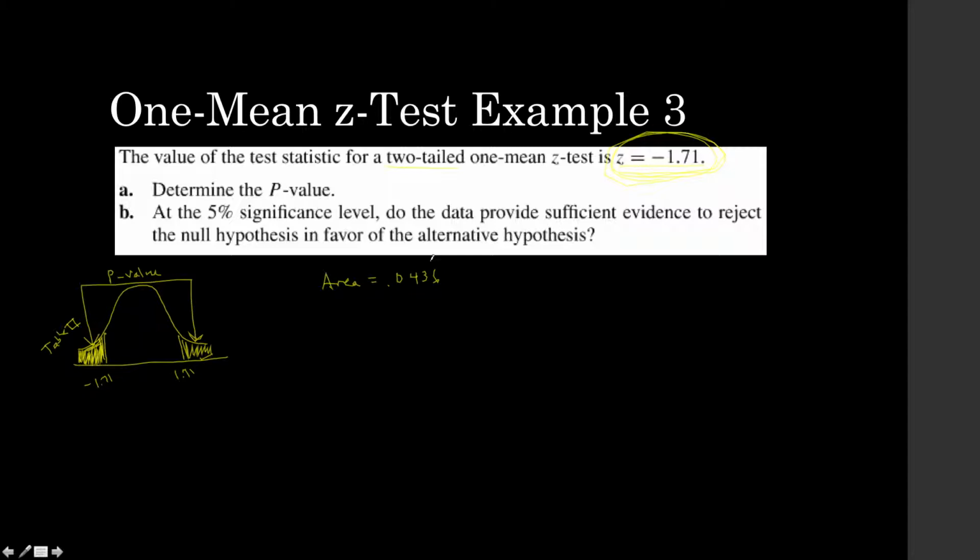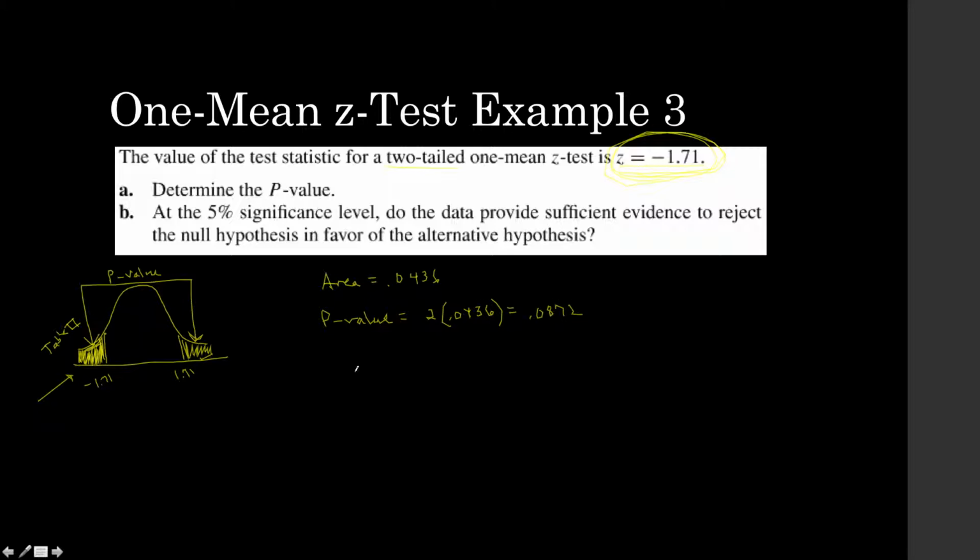Negative 1.71, 0.0436. Now that's just this area here. We have to include this other area. So to get the p-value, since these are symmetrical areas, all we have to do is multiply by 2, and that will give you both areas.